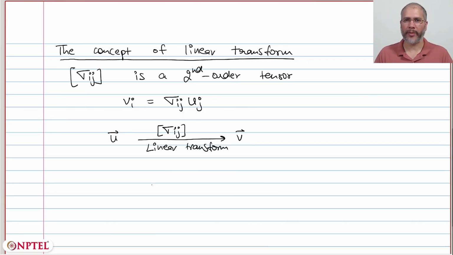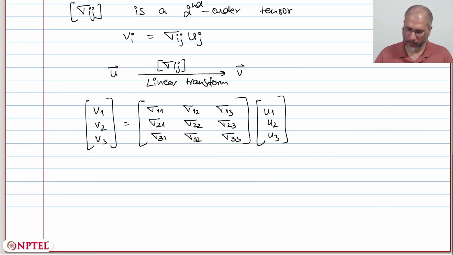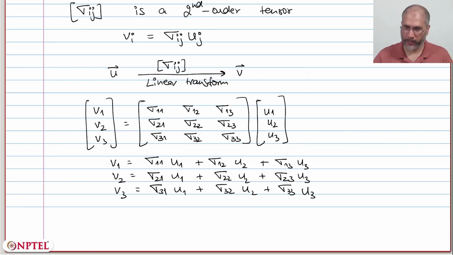So let's write it in the matrix form and have a look. This is the matrix form of the equation, and if we were to expand this, it will be written like this. From these three equations, we can see that each component of the transformed vector v is a linear combination of the three components of the initial vector u, and the weights or coefficients for the transform are nothing but the components of the tensor sigma.